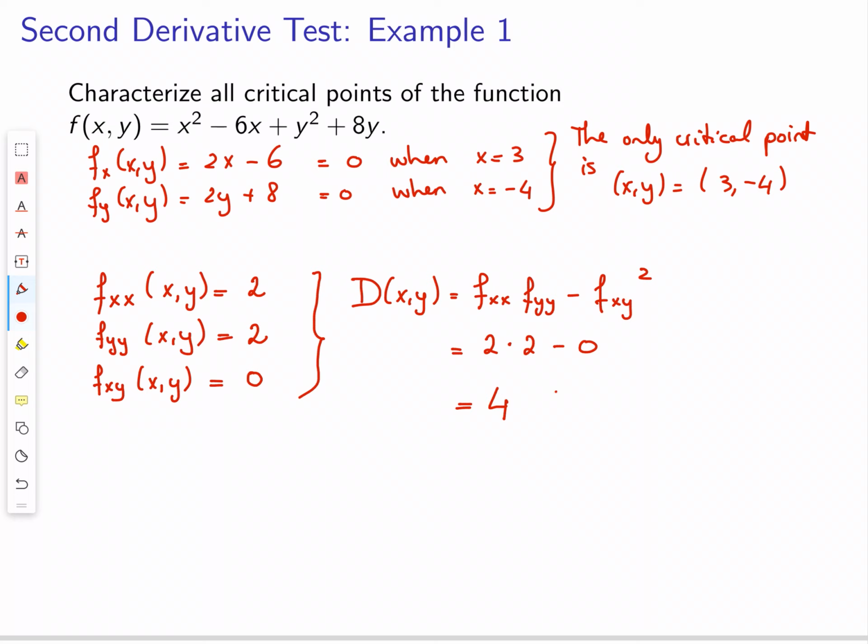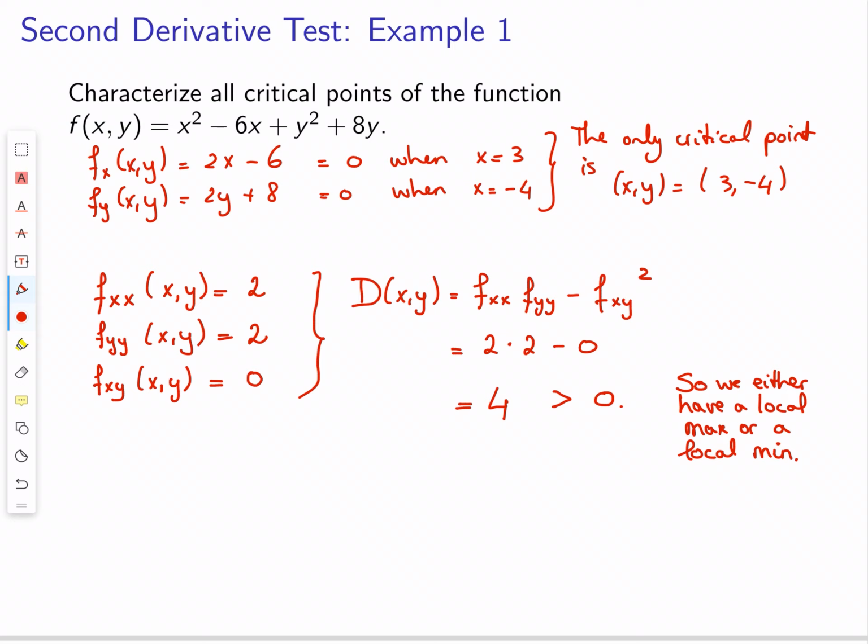Now 4 is greater than 0, so we have either a local max or a local min, but in order to distinguish, we need to also take a look at the sign of f sub xx. So here I'm going to write, so we either have a local max or a local min.